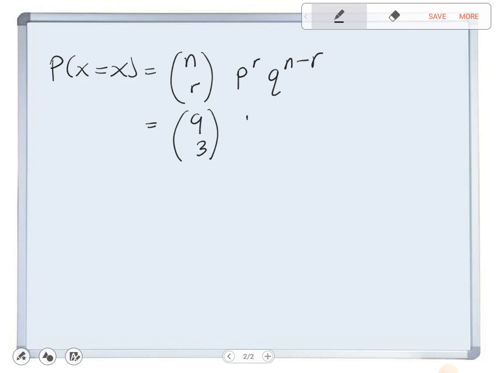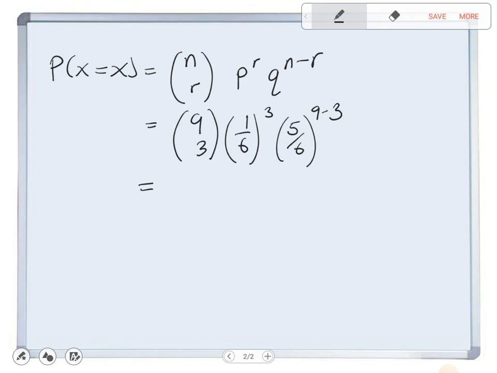Then our P is 1 over 6 to the power 3. Our Q, we said it's 5 over 6. We have 9 minus 3, so here we get 6. This is 9 combination 3.